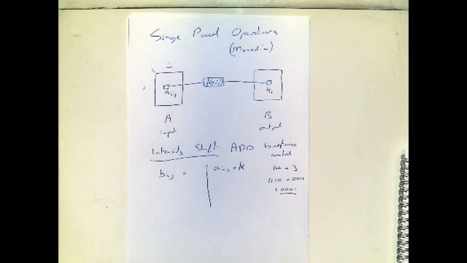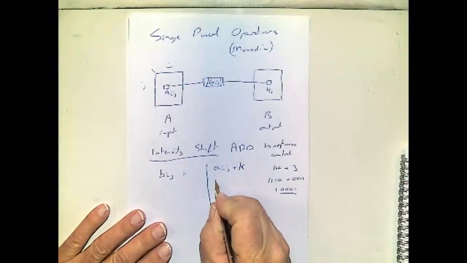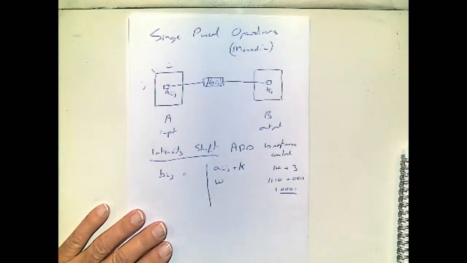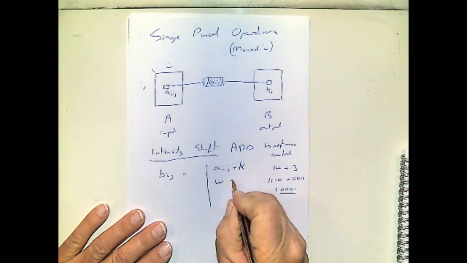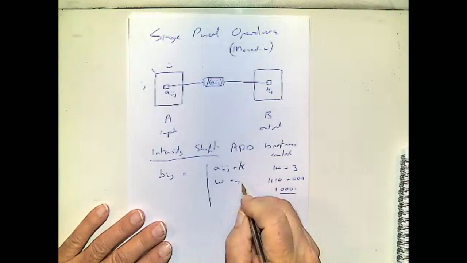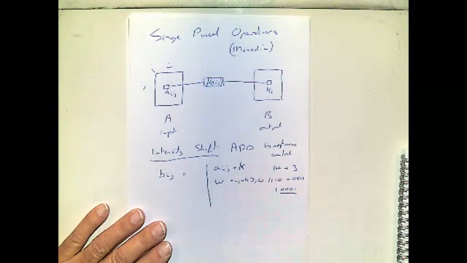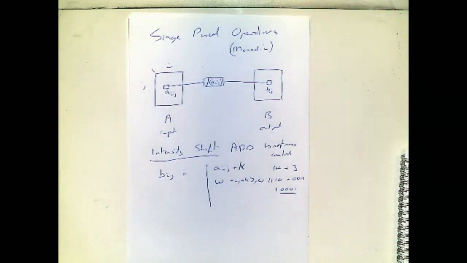If the intensity is greater than the resolution, the pixel becomes white, W. And that is for Aij plus K is greater than or equal to W. And of course, going the negative way around, we want to clamp at the bottom end.